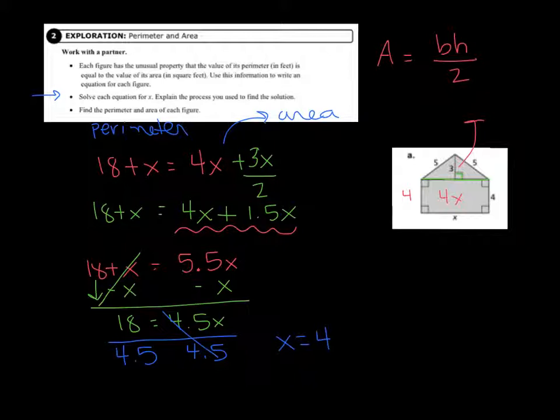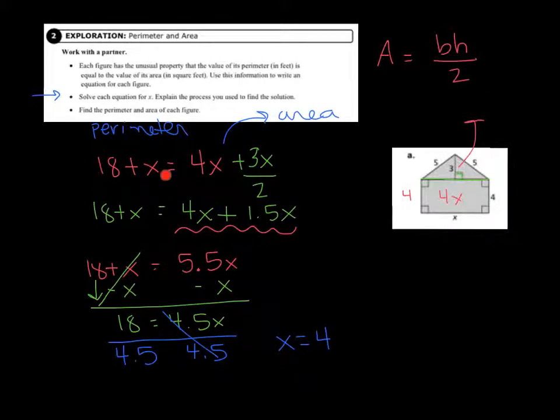Now, as I'm doing this, if you notice up here in class, you solved, but you had to explain the process that you used to find the solution. So let's talk about that. The first thing that we did was we wrote an expression for perimeter. So that was step 1. Then the next thing we did is we wrote an expression for area. Now, when we did that, we had to find the area of the rectangle plus the area of a triangle. So that's where this part of my equation came from.